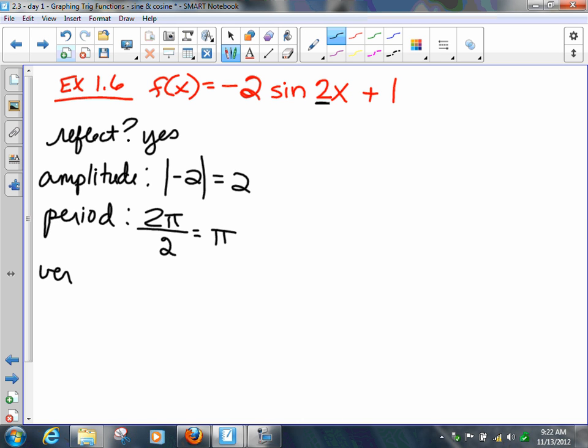Does this have a vertical shift? Yes, which means our oscillation line is where? That 1. Very good. What's the last part mean? The vertical shift? That was the first thing we did like a week ago.